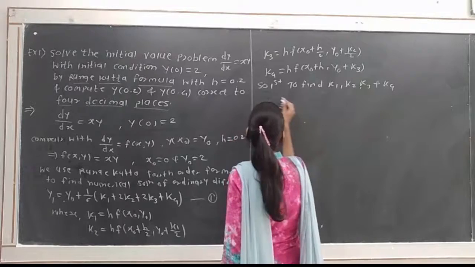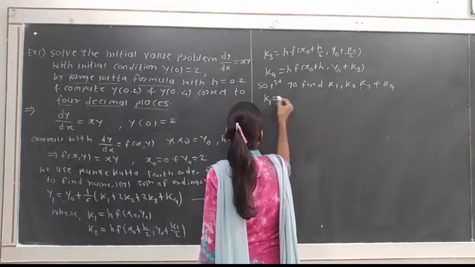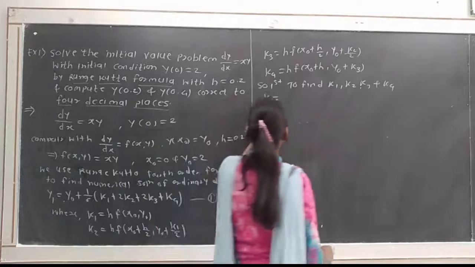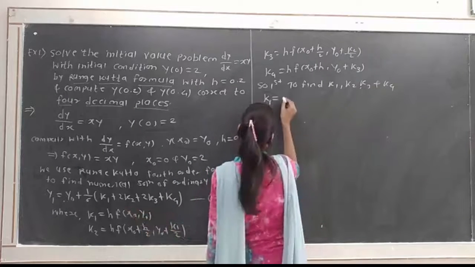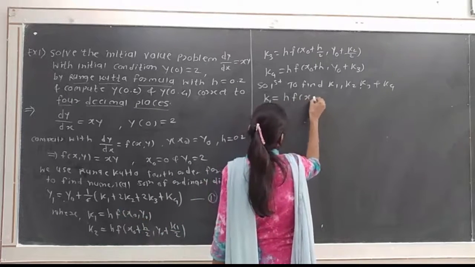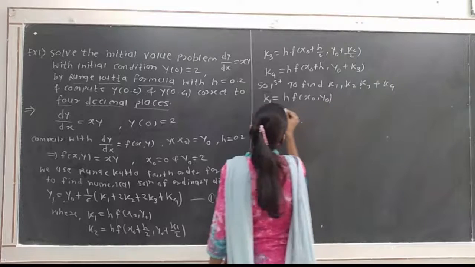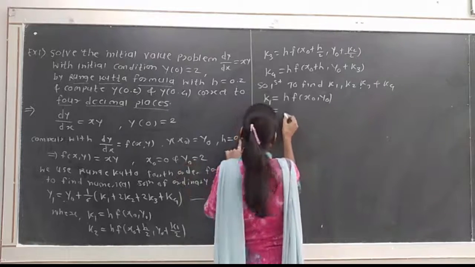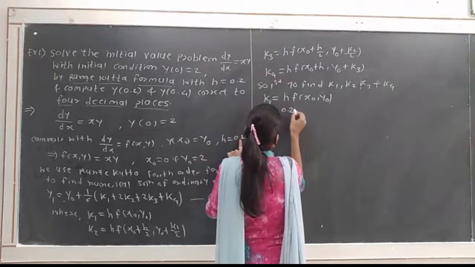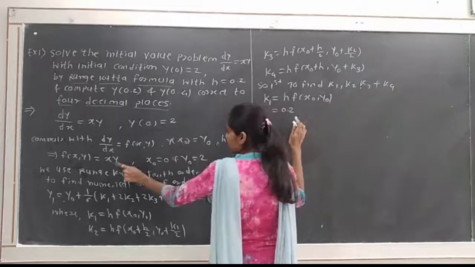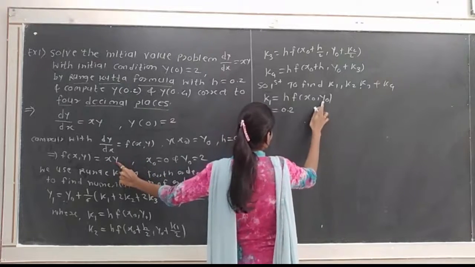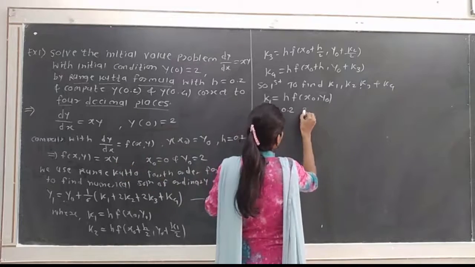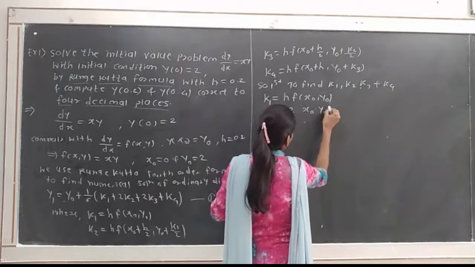Then we first find the value of k1. k1 is equal to h f of x0 comma y0. Here h is 0.2, and the function f of x y is x into y, so at point x0 y0 this becomes x0 into y0.